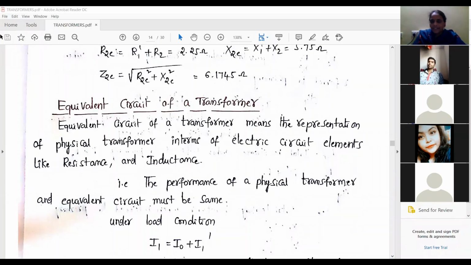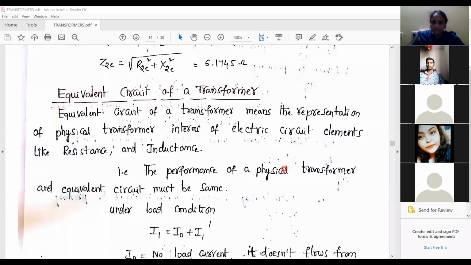It is not possible for us to represent the transformer physically every time. We need to represent it in terms of electric circuit components, which are resistance and inductance. The transformer has electrical components like resistance and inductance. That is the reason we are studying R and X when we are studying the equivalent circuit.